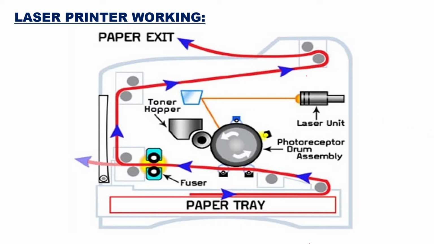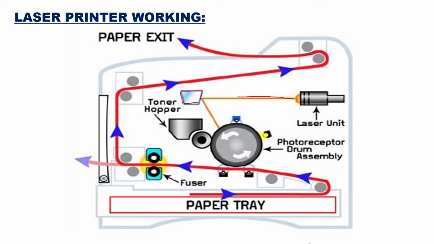Now, whatever you are going to print has been kept over here. This is the image that is going to be scanned. That image will be scanned with a laser unit.